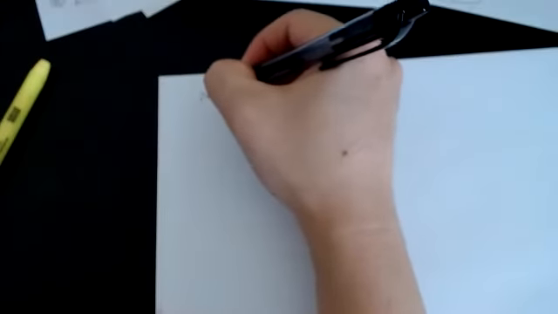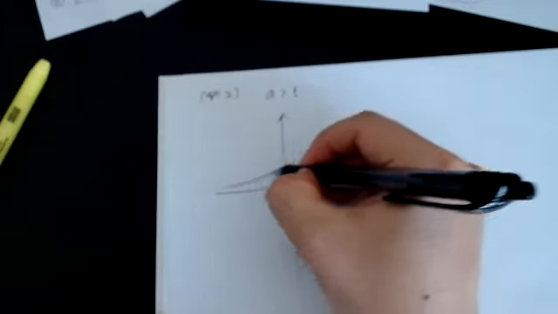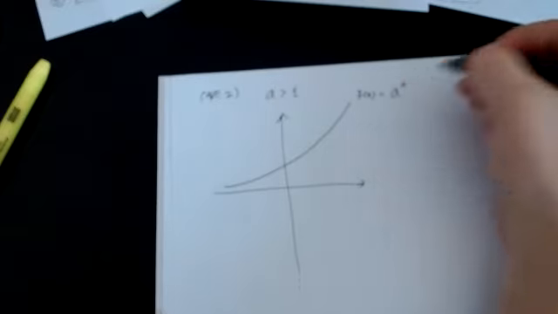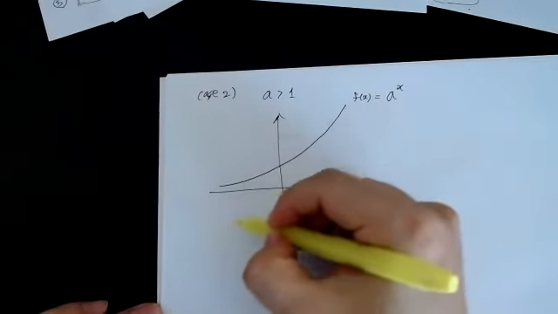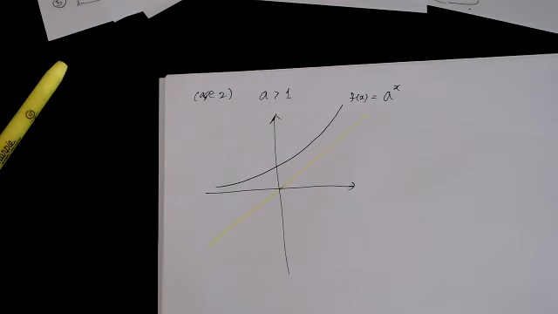Now next one, case 2. What about a is greater than 1? We start from the graph of the exponential function like this. This is the graph of f of x, which is a to the x. Then I'll draw y equals x like this.